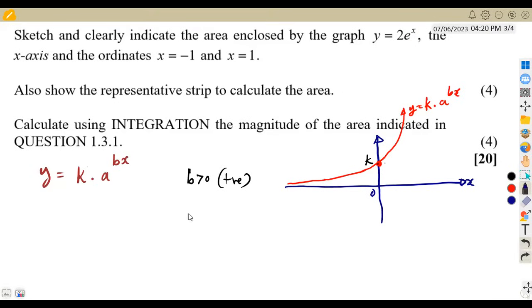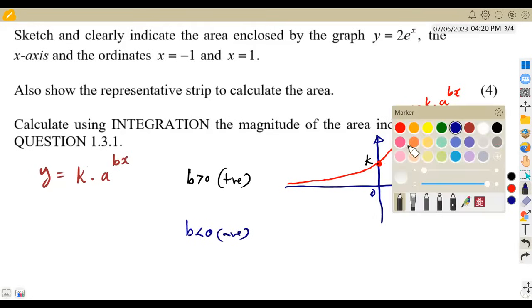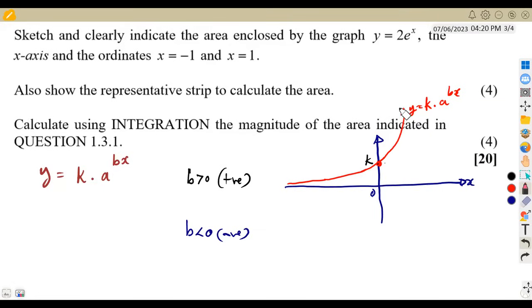What if it was a negative? What if b is less than 0 and it's a negative value? The examples for the first one that I have indicated here can be y is equal to 2e to the exponent of x, y is equal to 3 times 4 to the exponent of 5x. As long as it's like this, you simply have the same shape.